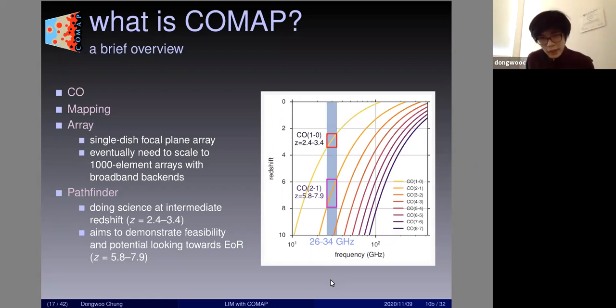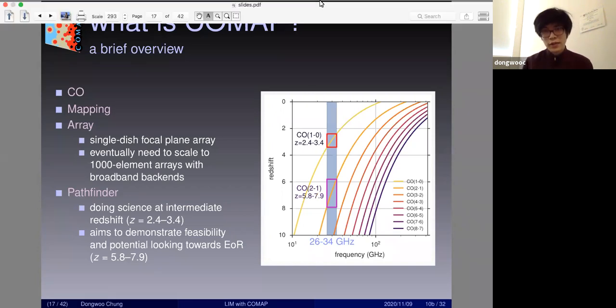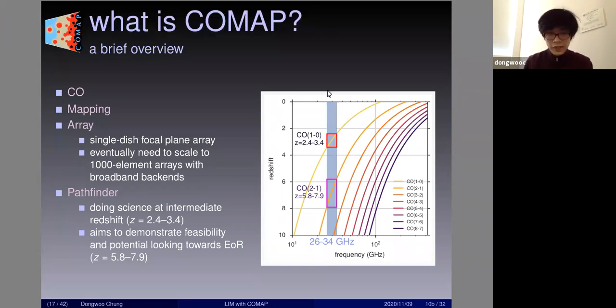And you can see this 26 to 34 gigahertz range that COMAP observes in technically has CO 2 to 1 at redshift 7-ish in the mix, but the signal that's really going to dominate is the CO 1 to 0 at redshift 3-ish. And so that's a signal that is interesting in and of itself.